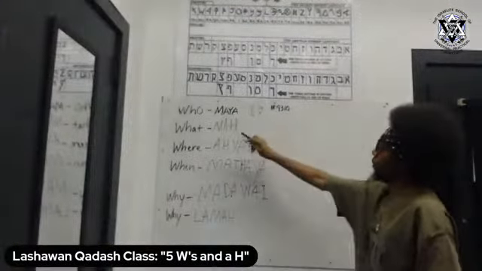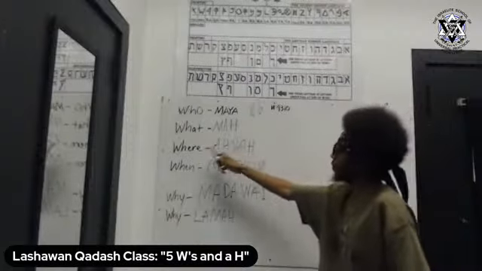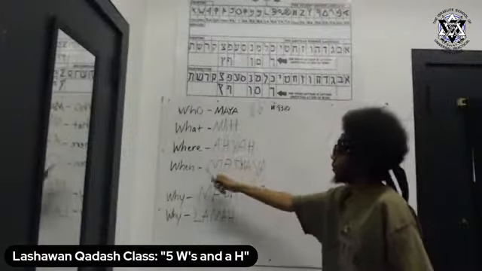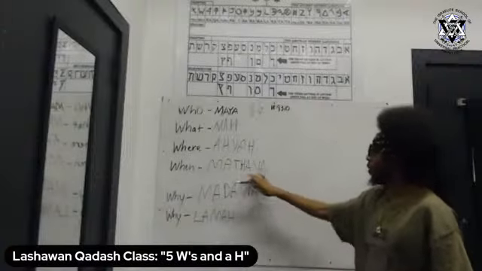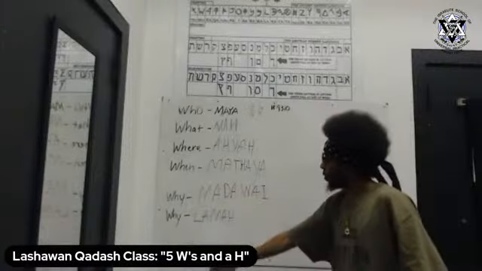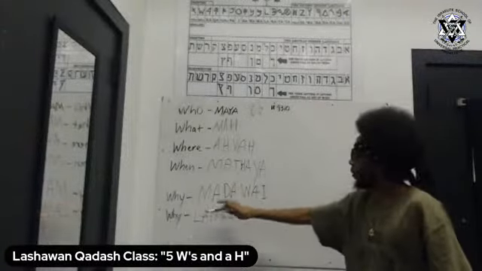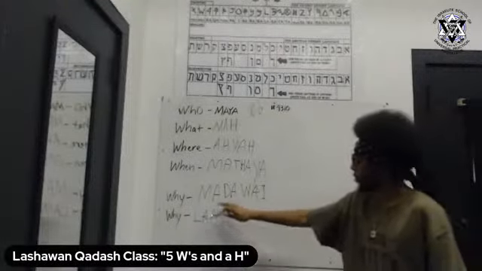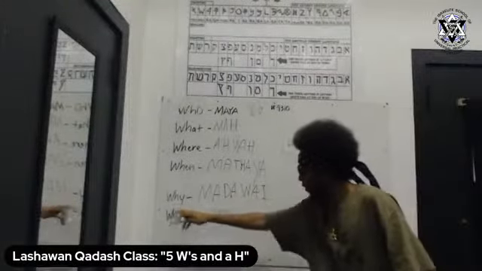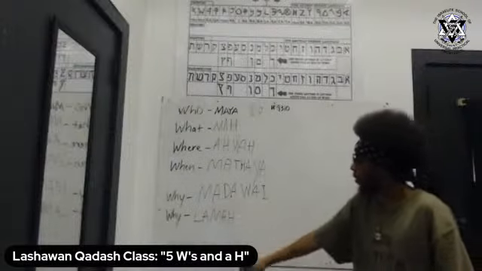All right, so, okay. Maya is going to be who in Hebrew? The ma is what? The ya is where? Mathaya is going to be when? The first Y, Madawai. Y, Lama. And it sounds so funny because Madawai is Y in English, but this is Hebrew.